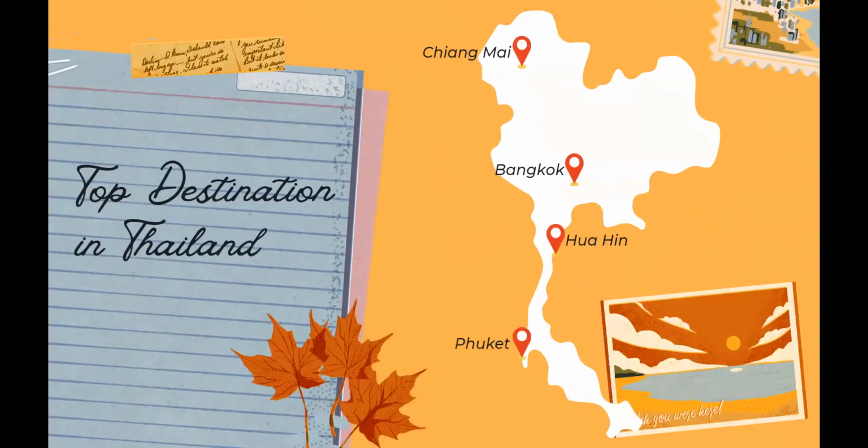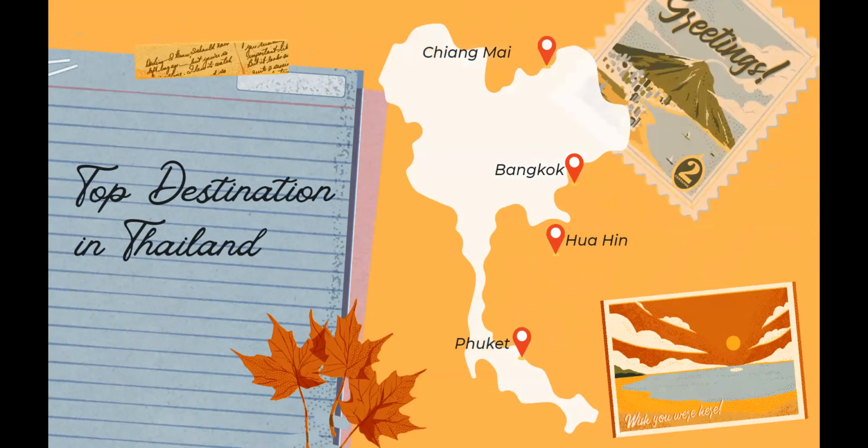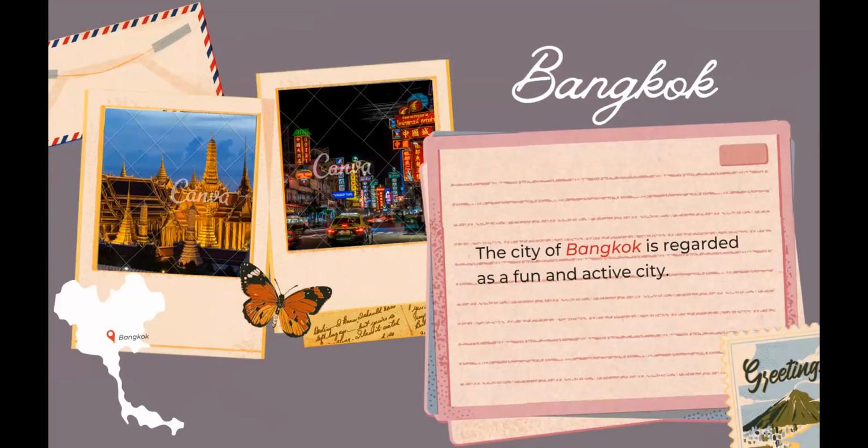And the next topic is top destinations in Thailand. There are 4 provinces that are considered top destinations in Thailand. The first one is Bangkok. The city of Bangkok is regarded as a fun and active city, with fast-paced, city-style travel programs and better value for money compared to other cities in the region.